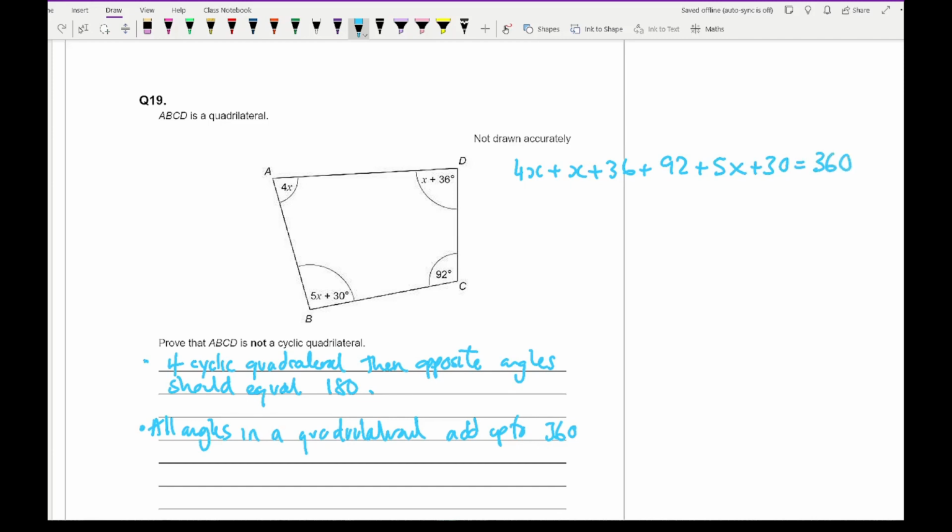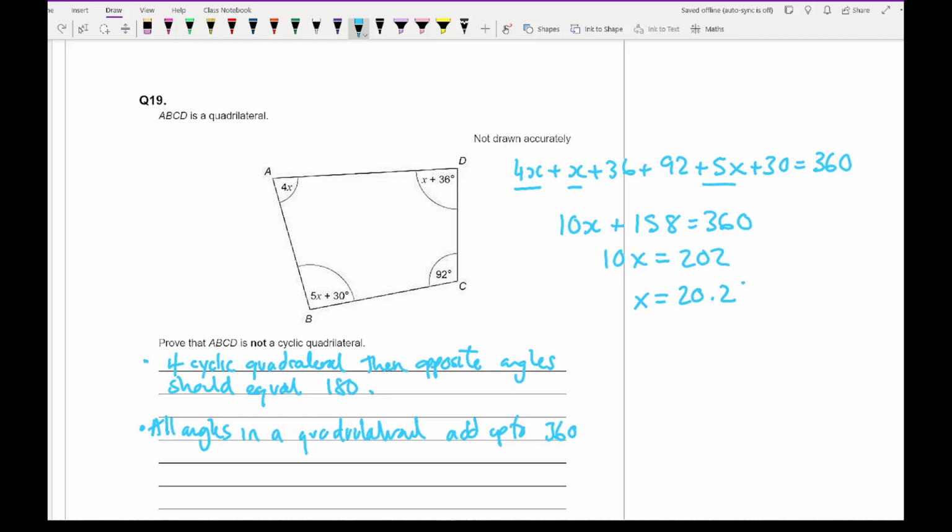So then simplifying all of this, I've got 4x plus x plus 5x, which leaves me with 10x, plus, and if I do 36 plus 92 plus 30, that gives me an answer of 158. Now from this, I can work out the value of x, so 10x equals 360 minus 158, which is 202. So x equals 20.2, which seems a bit odd, but there you go.